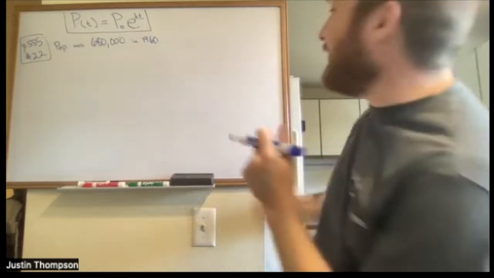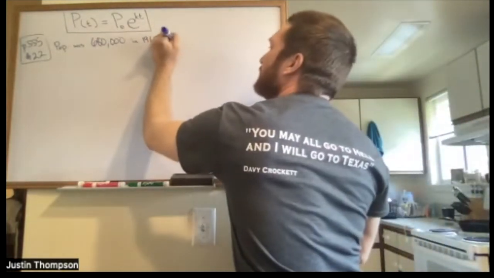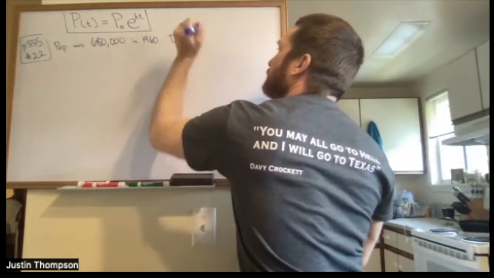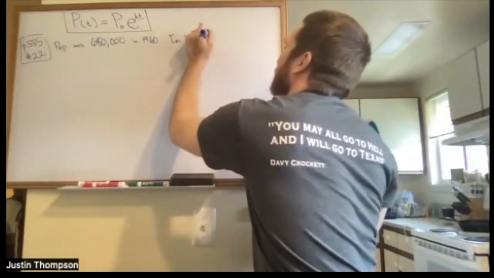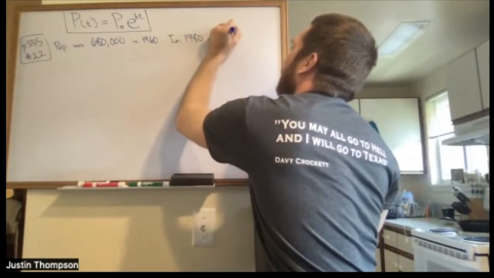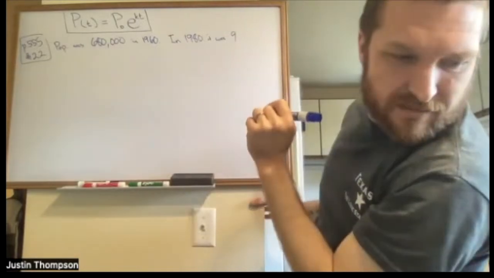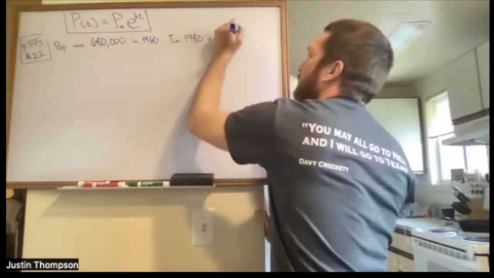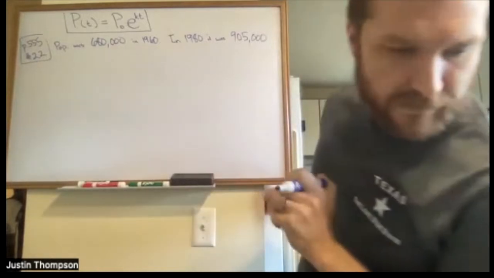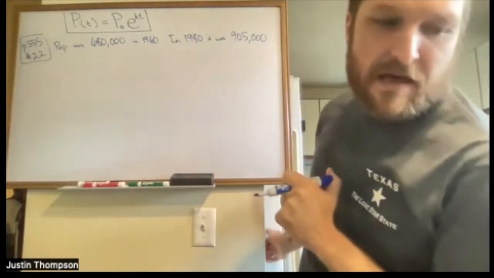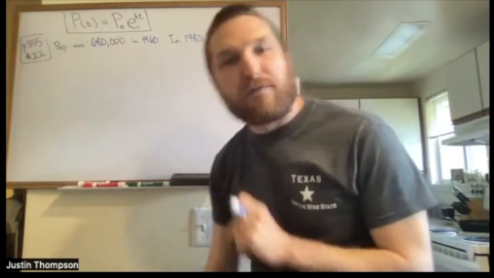Then it says in 1980, it was 905,000. Okay. It says find k in the growth formula.